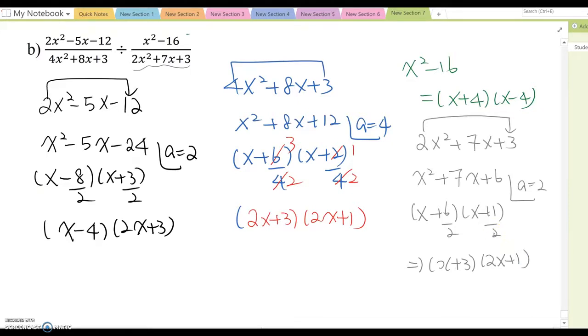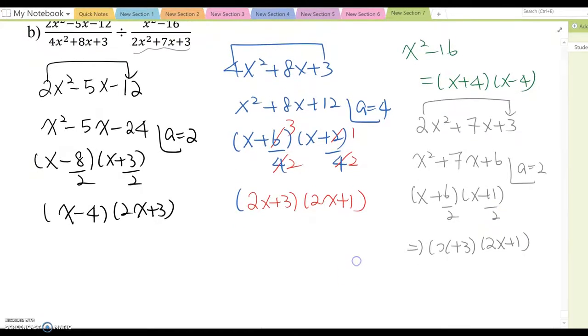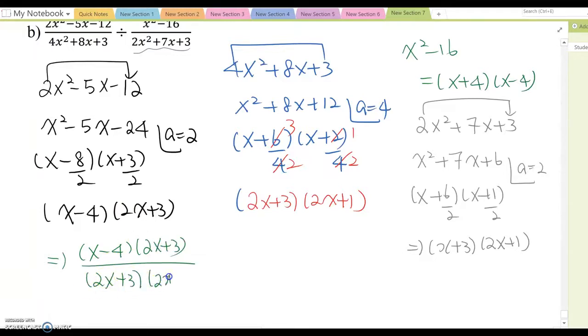Okay, so I'm going to combine all this into the expression. Then this is going to be x minus 4 times 2x plus 3 over 2x plus 3 times 2x plus 1, divided by x plus 4 and x minus 4 over x plus 3 and 2x plus 1.